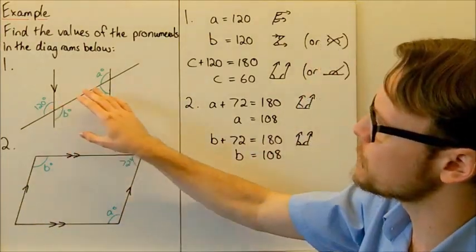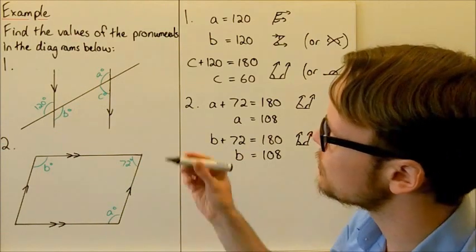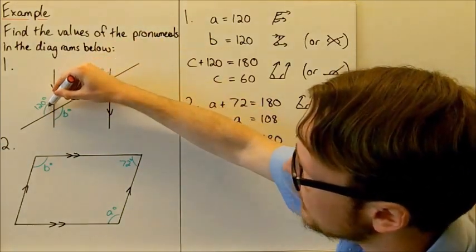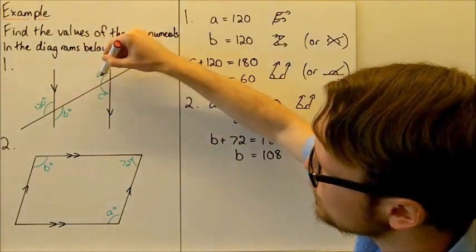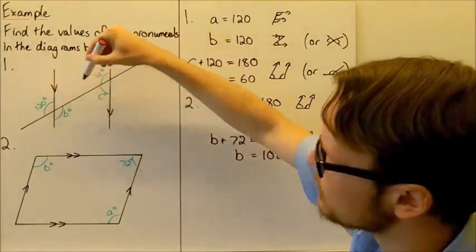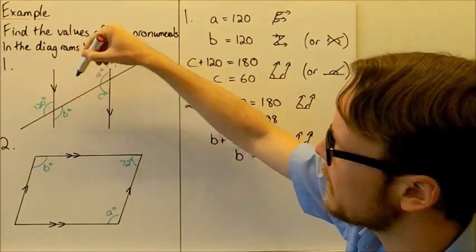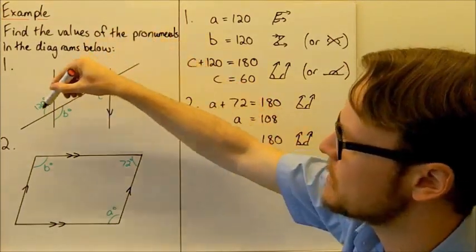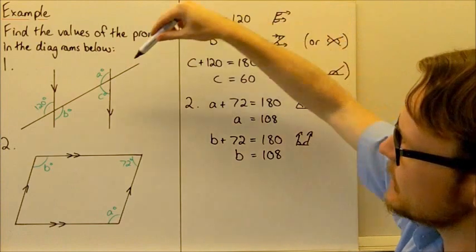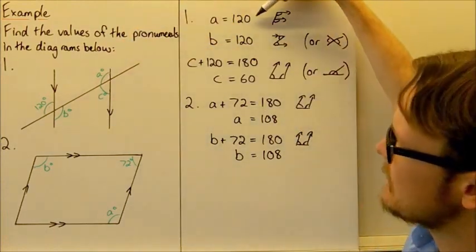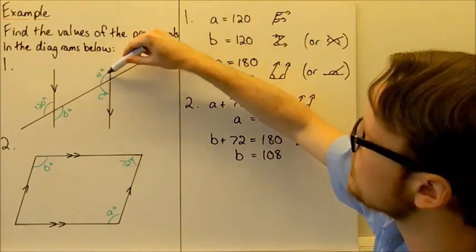For our first problem, to determine A, these two angles here are corresponding. They're in the same position on the transversal in relation to the parallel lines. So they must be the same. So A here is going to be 120, so that angle here will be 120 degrees.